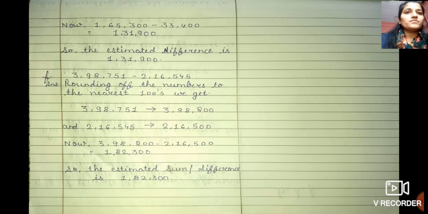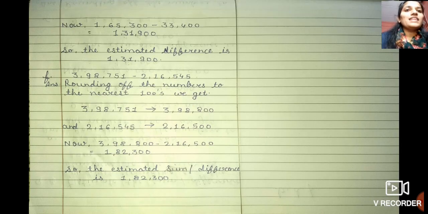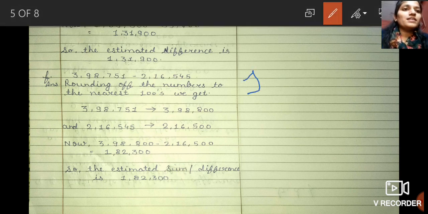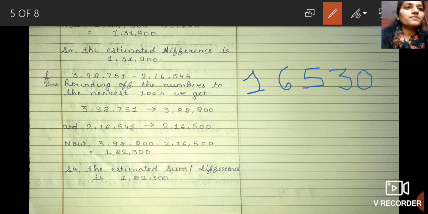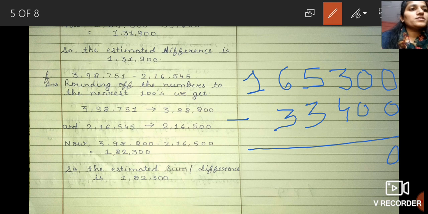Okay, so here students, we can see 1,65,300. Let's write 1,65,300 minus what? 33,400. So let's subtract. 0 minus 0, 0. 0 minus 0, 0. 3 minus 4, can we do?